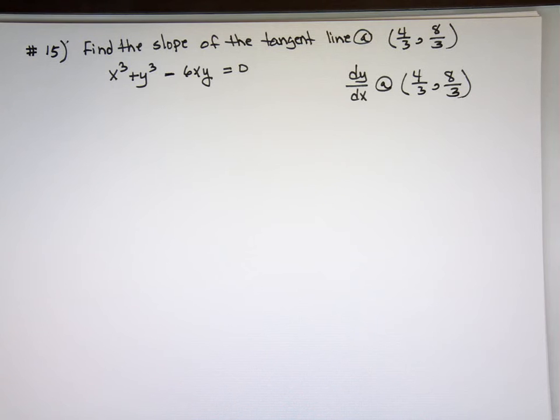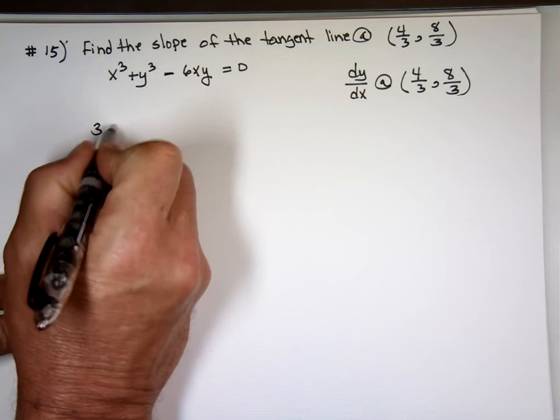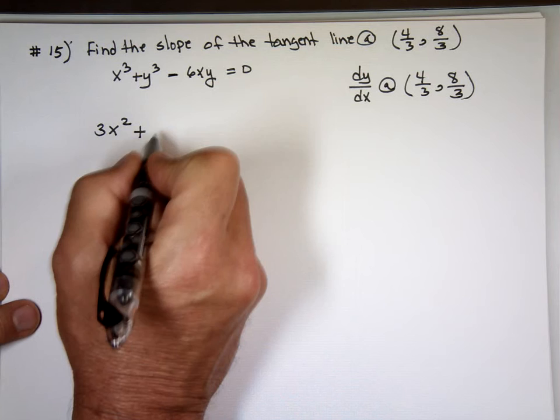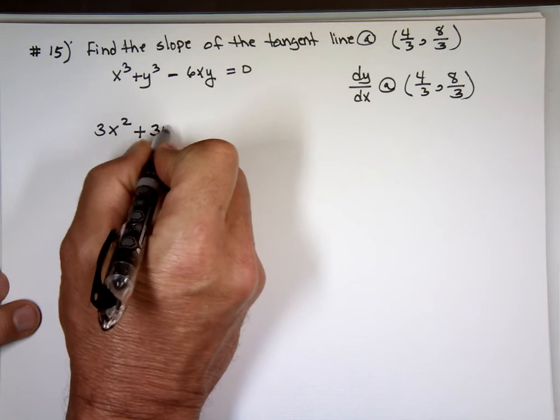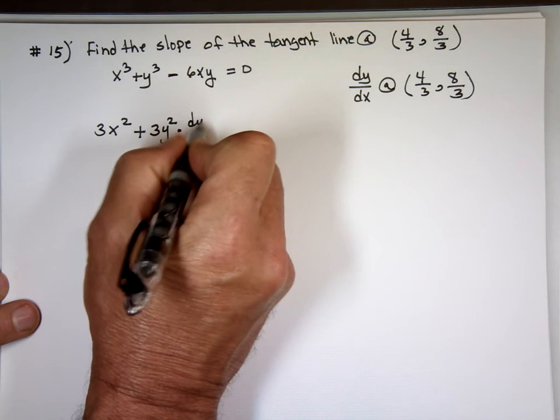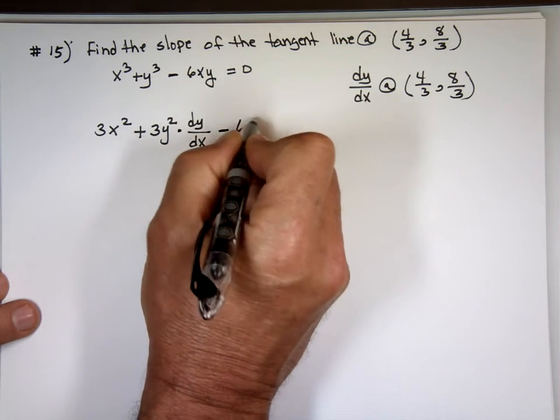Implicit differentiation is probably the easiest way. Derivative of x cubed is what? 3x squared. Derivative of y cubed is what? 3y squared times what? dy dx. Here's the 6, I'll leave it in the front. I have x times y.